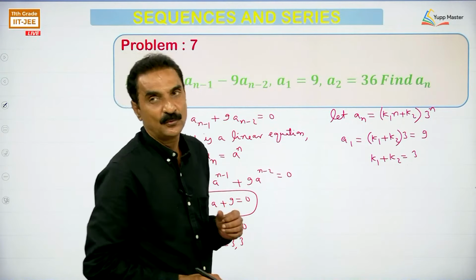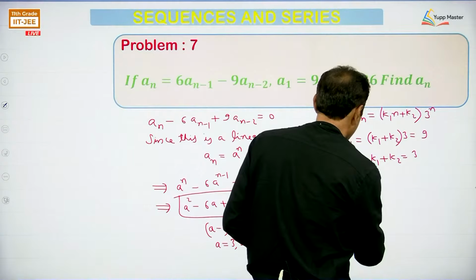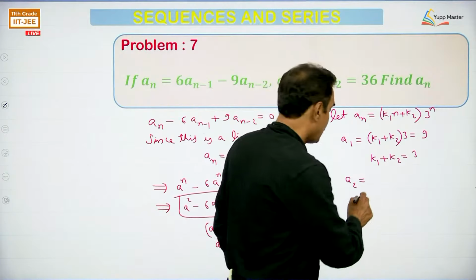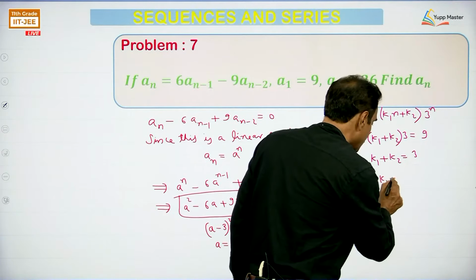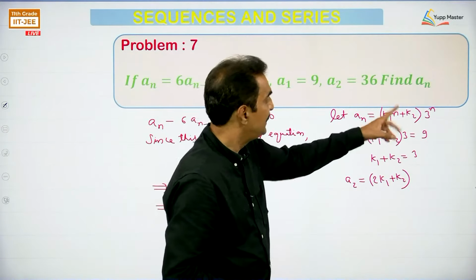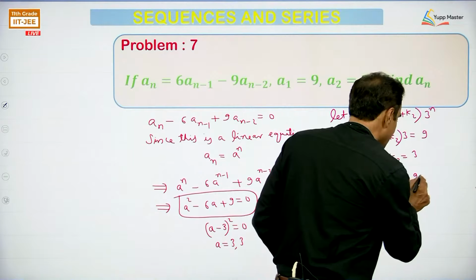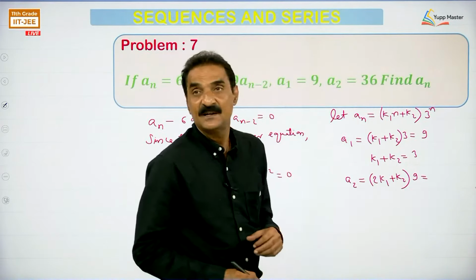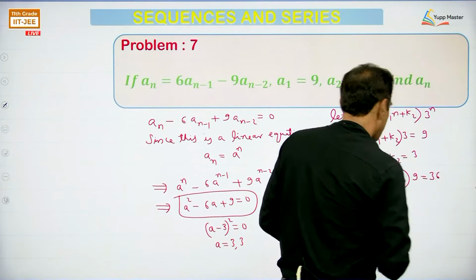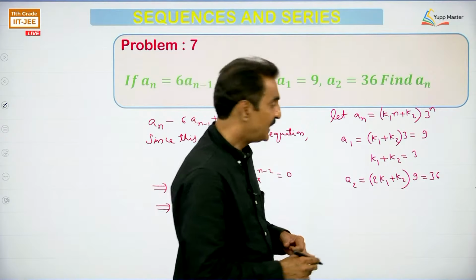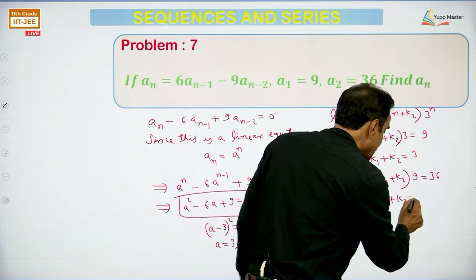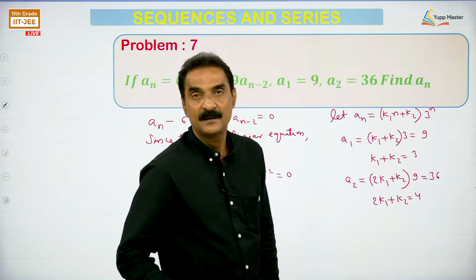Putting n is equal to 2, a2 is equal to 2k1 plus k2 into 3 square. 3 square is 9 and a2 is given as 36. Alright. Then cancelling 9, we will get 2k1 plus k2 is equal to 4.